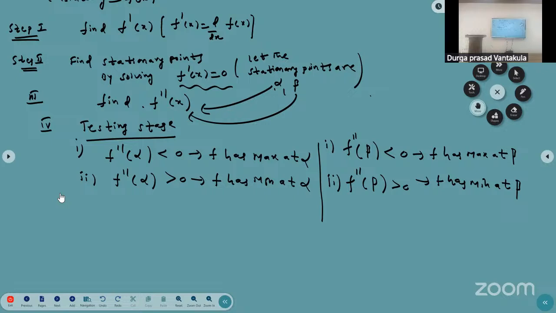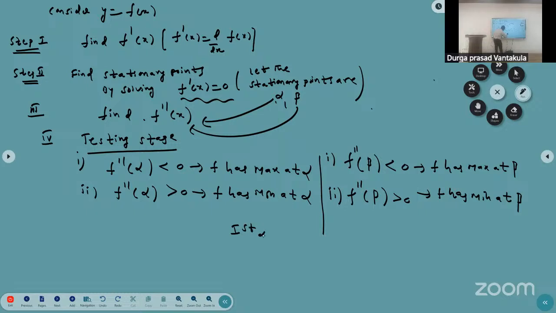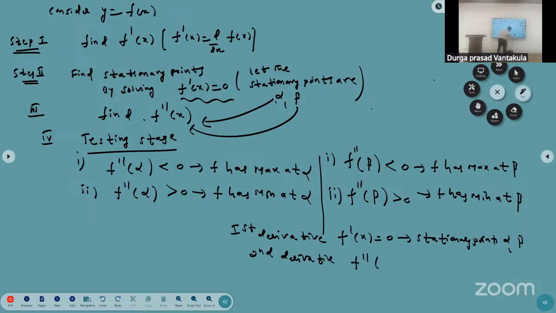First derivative, stationary points. Second derivative, testing. See, the entire procedure I have shortened.